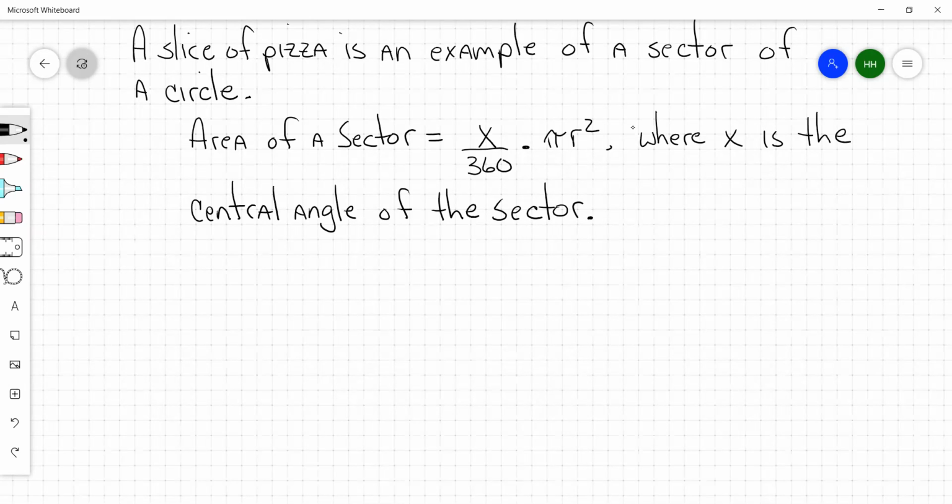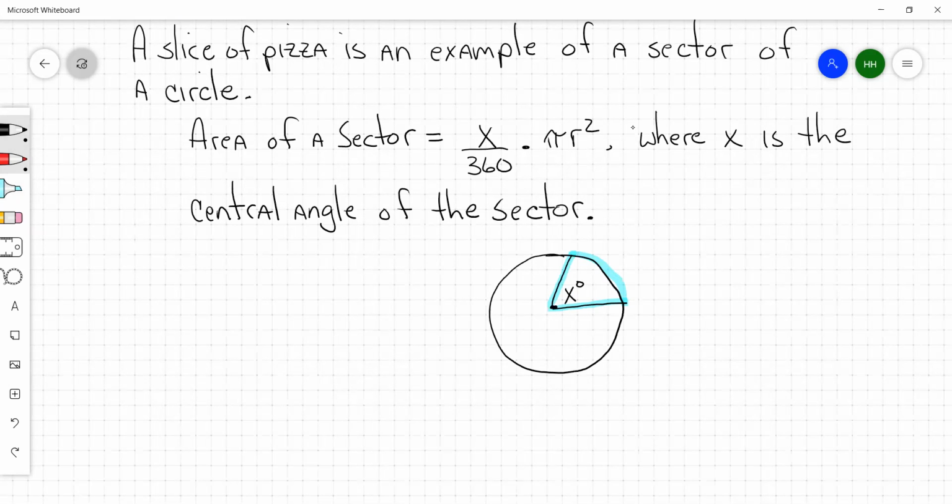So this diagram would look like, if this blue region is your sector, this angle right here, x degrees, that's your central angle that's going to go over the 360.